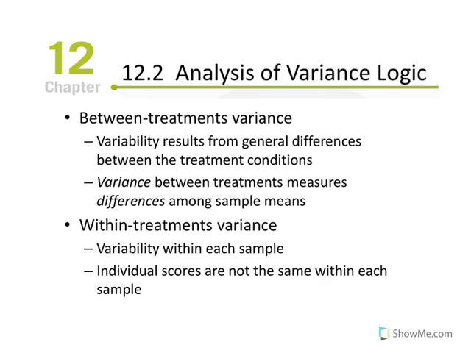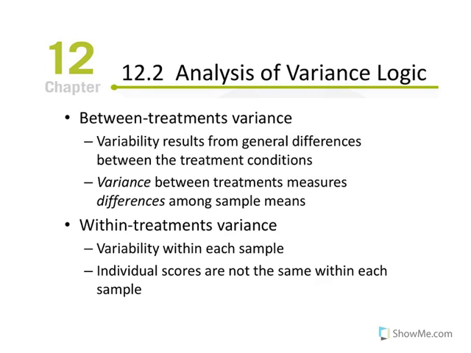So to review, the between treatment variance represents variability that results from general differences between the treatment conditions, and variance between treatments measures differences among sample means. And then we learned about within treatment variance, which represents variability within each sample.